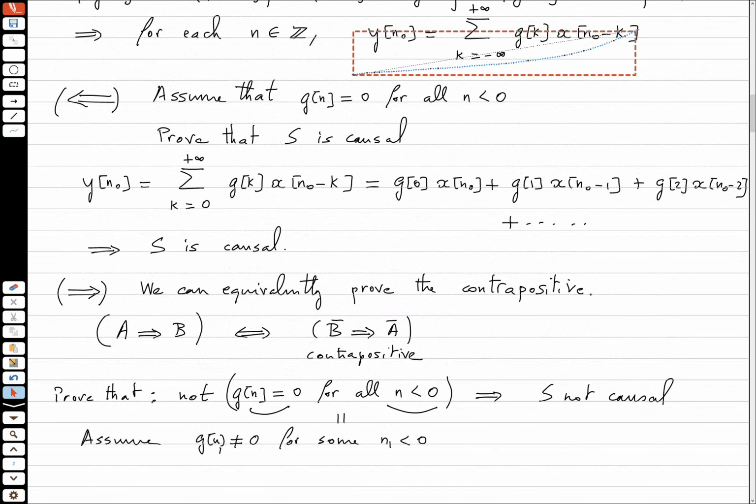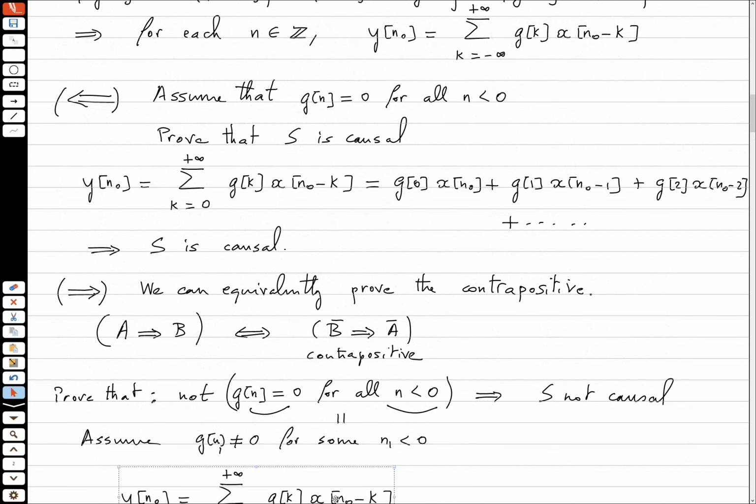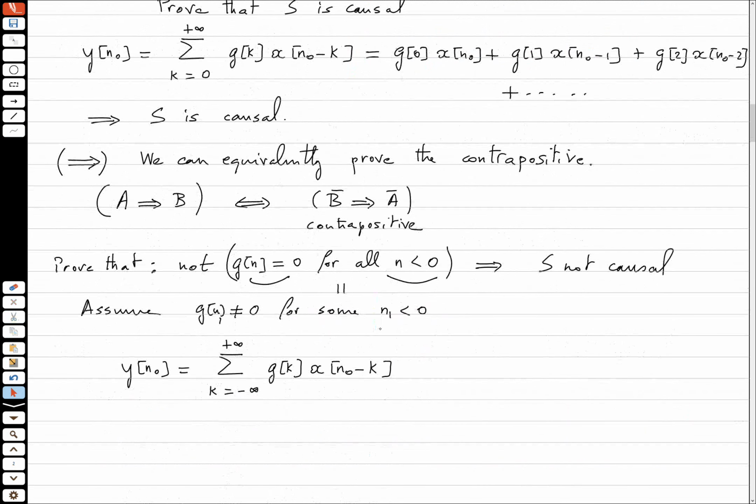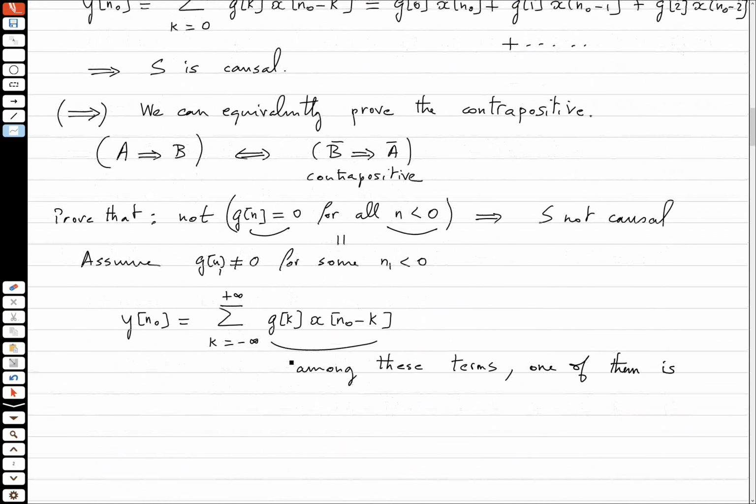All right. So let's go back to that expansion that is always true. Now, among these terms, one of them is g of n1 x of n0 minus n1.